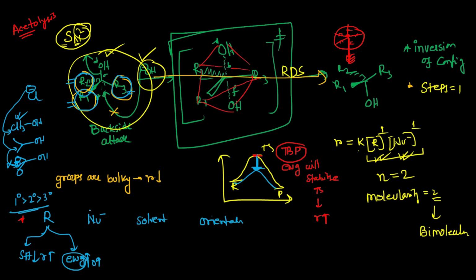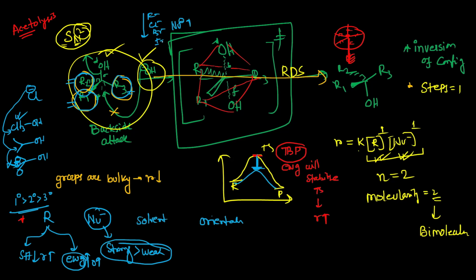Second, nucleophile. A strong nucleophile will have more rate than a weak nucleophile. If we go from top to bottom in the periodic table, for example F minus, Cl minus, Br minus, I minus, then nucleophilicity increases.